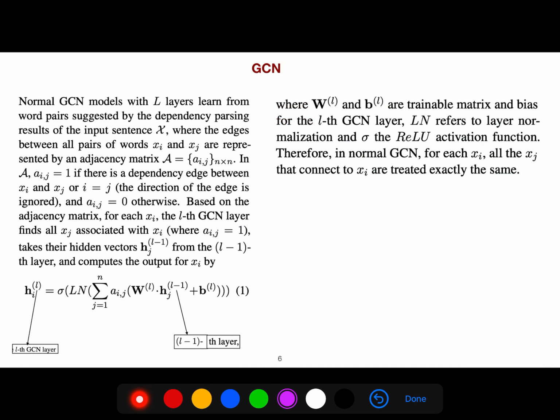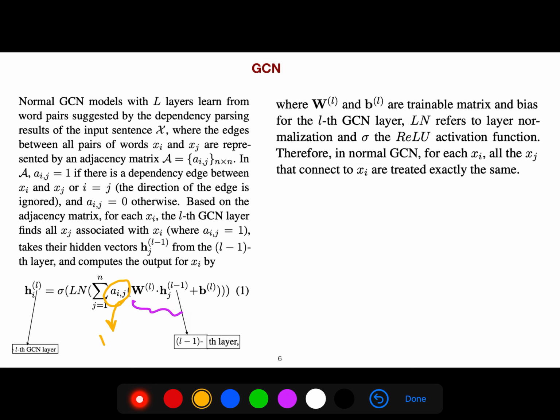Just like usual, the layer of the graph convolutional neural network is built on a linear combination of the previous layer, but we always multiply it with the adjacency matrix, because A could be either 1 or 0. If it is 1, it means it's adjacent.